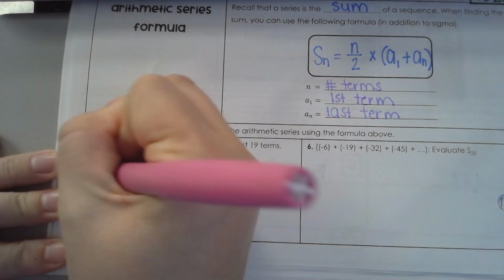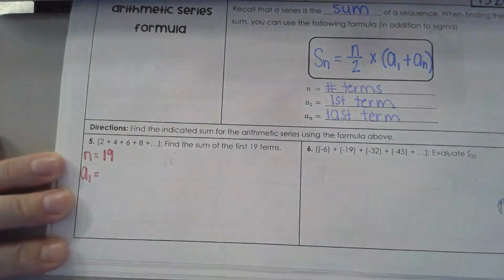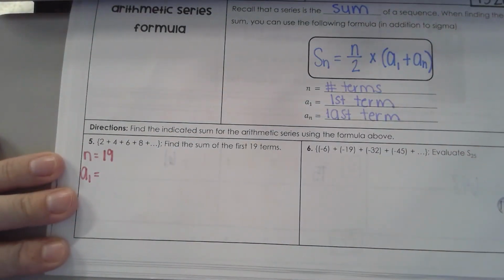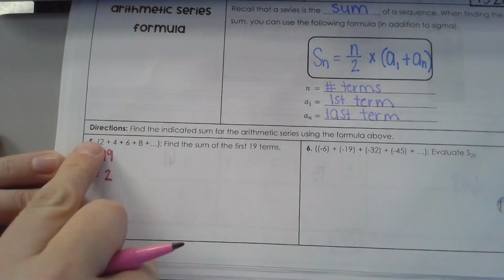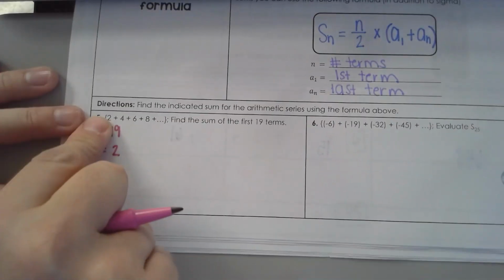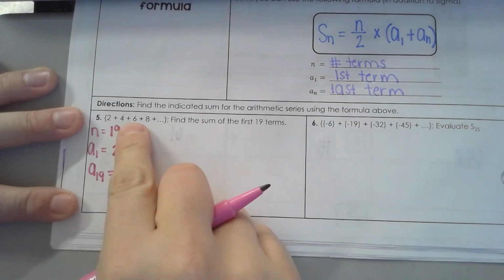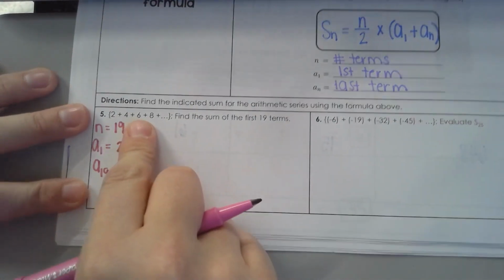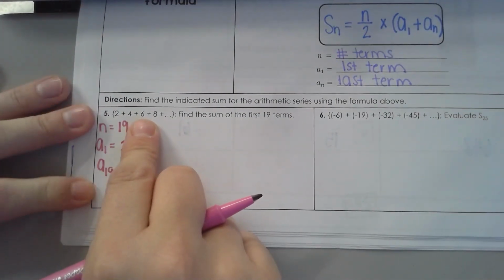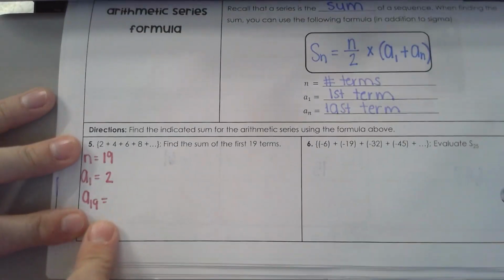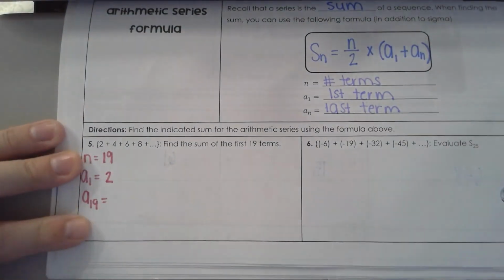What's a1? 2. The first term is 2. And then I have to find a19. You actually have to find the 19th term. And we can just plug that straight into our formula.